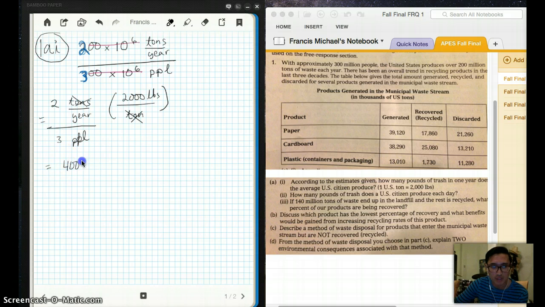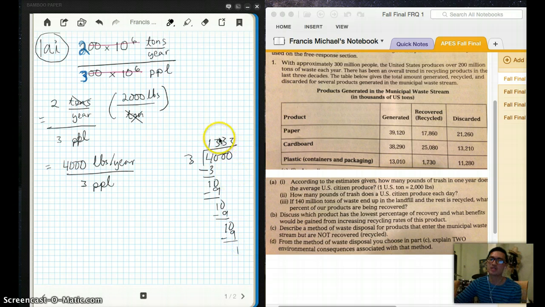So now we have 4,000 pounds per year for 3 people. Now we just do some simple long division. So what's 4,000 divided by 3? Of course, this is going to continue for as long as we want it to continue.